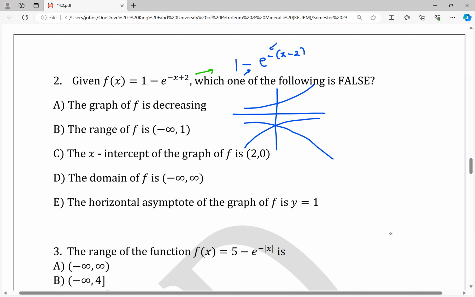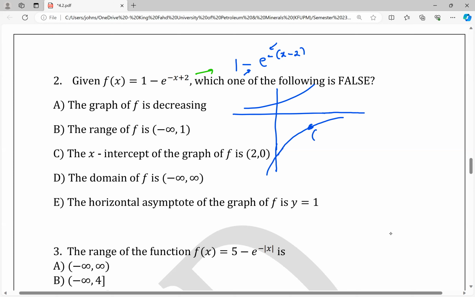Now, once you reflect it, you have this. Then now you have to move it 2 units to the right. So 2 units to the right, it means you move somewhere here. You're going to cut somewhere here. So let's remove all of this. Now, remember we move 2 units to the right.